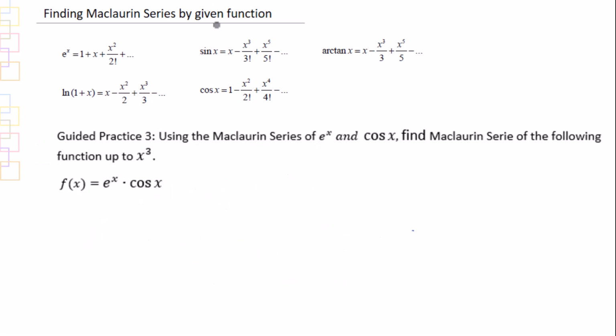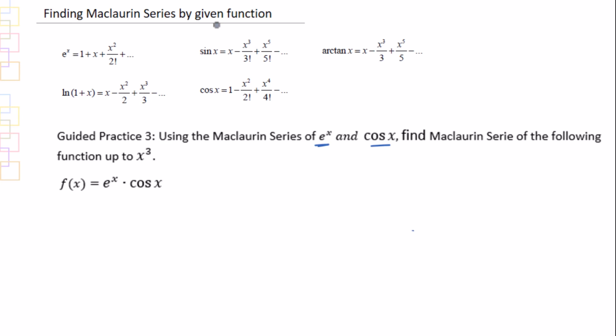Guided practice 3. Using the Maclaurin series of e to the x power and cosine x, find the Maclaurin series of the following functions up to x to the third power.